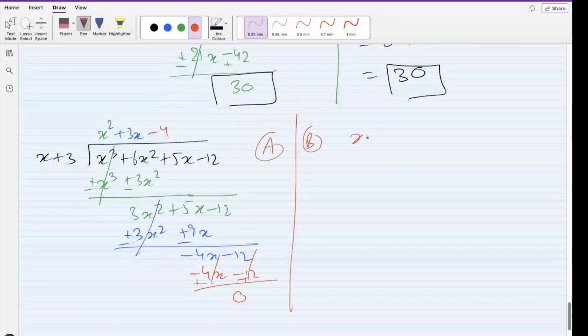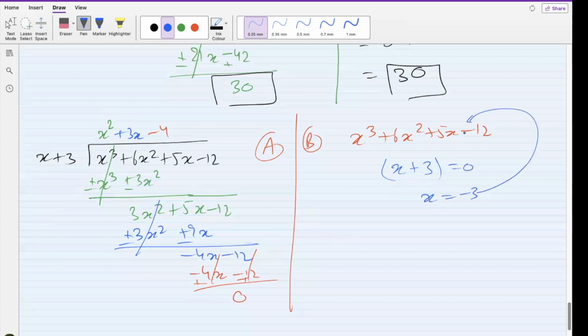Method B. The question was x cube plus 6x square plus 5x minus 12. Whenever it tells you to check the remainder when divided by x plus 3, put it equal to 0. The value of x is minus 3. So we put minus 3 in this polynomial. So minus 3 cube plus 6 into minus 3 squared plus 5 into minus 3 minus 12.